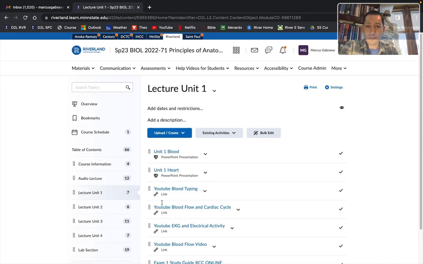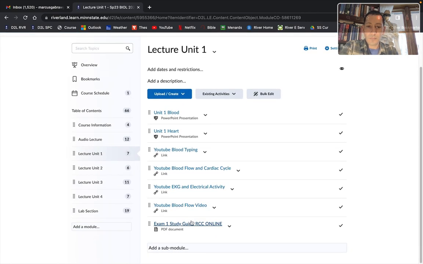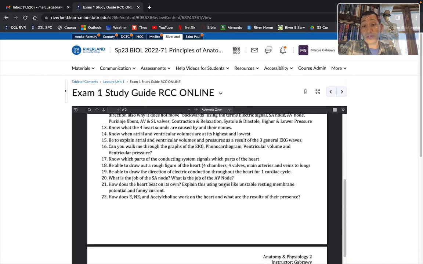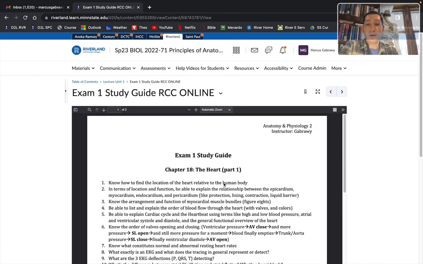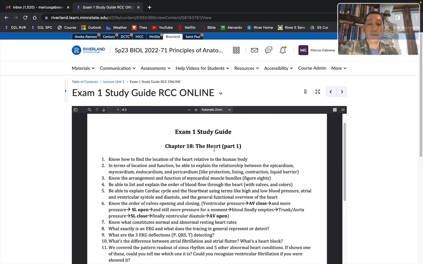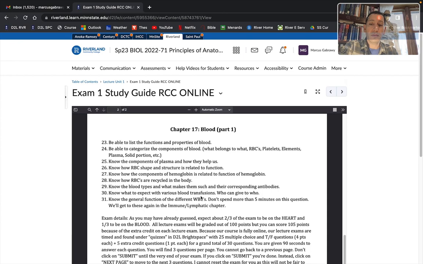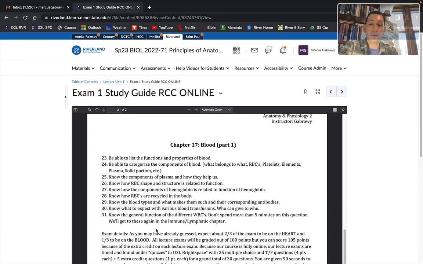So let's just take a look at some of these questions here. Here's the heart section of the study guide, and here's blood. Here's some more questions right here.